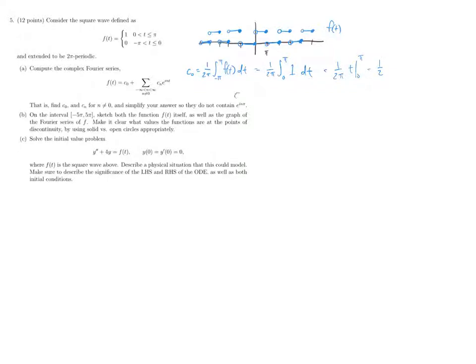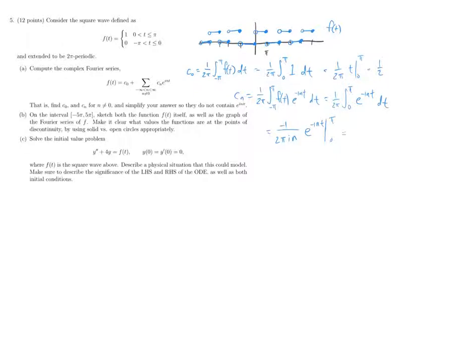Okay, so c n is 1 over 2 pi, again from negative pi to pi, f of t e to the negative i n t dt. And once again, we can say it's the integral from 0 to pi of 1 times e to the negative i n t dt. Okay, so now this is 1 over 2 pi, and we divide by negative i n because that is the exponent. And so we get e to the negative i n t from 0 to pi.